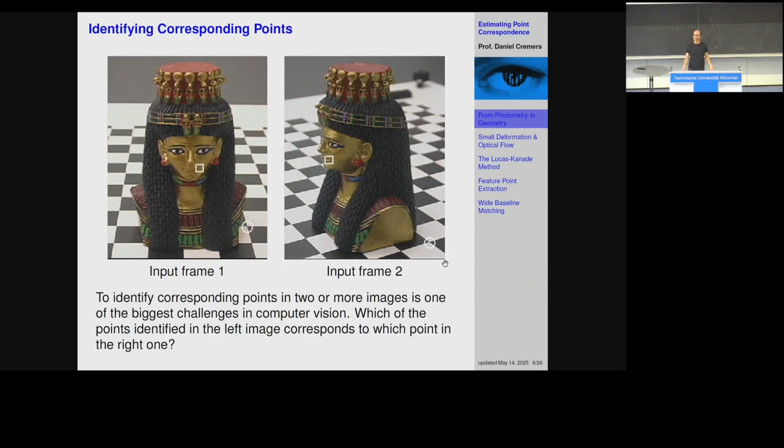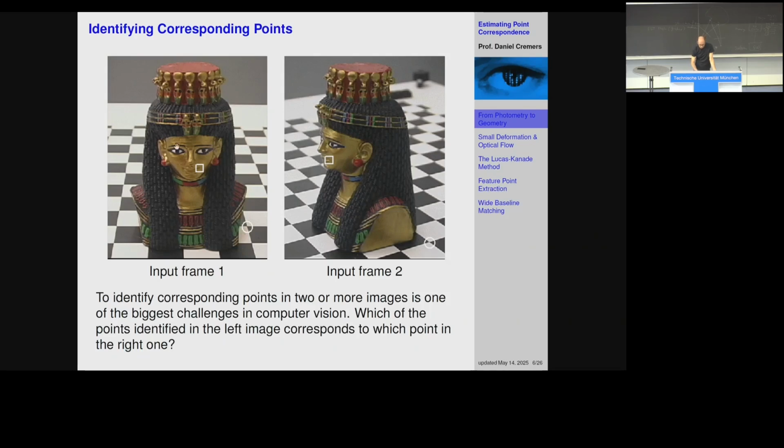You can kind of reason about it. But to do that in a machine is super nasty. We're just starting to get that going, to bring more large-scale context into this reasoning about correspondence, and we'll talk about methods that do that. But here it's a difficult problem.